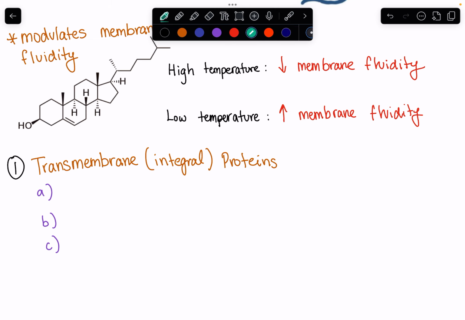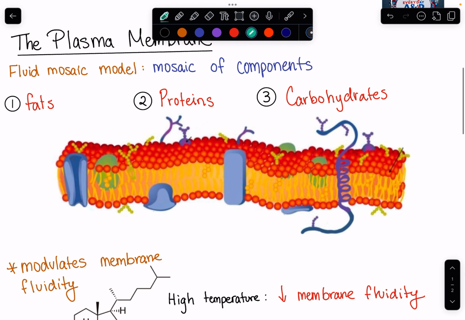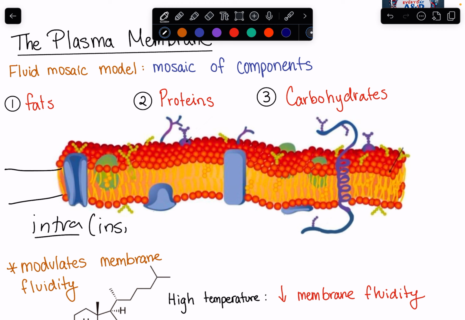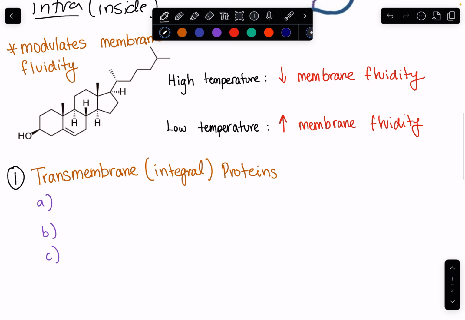Why is that? Well, first and foremost, we have to identify within the cell the intra and extracellular components. If this is our plasma membrane, this would be our intra, or the inside of the cell, and this would be our extra, or the outside of the cell. So in transmembrane or integral proteins, we're going to have one component which is known as the hydrophilic component, or water-loving.